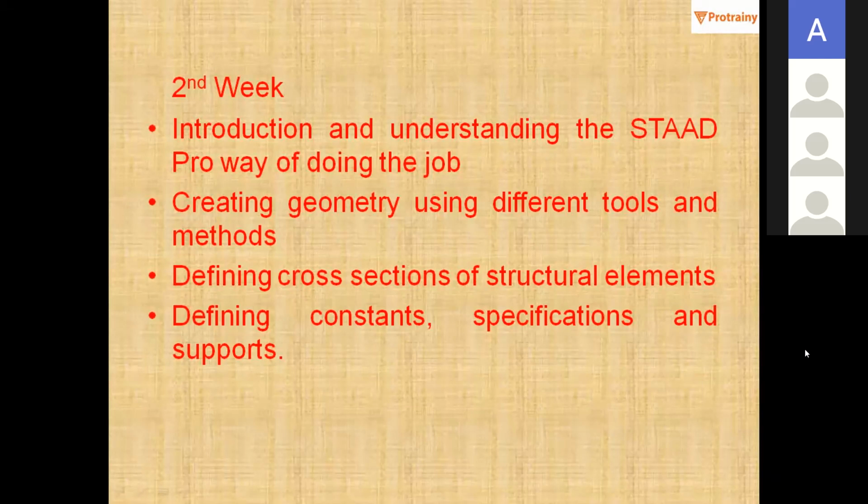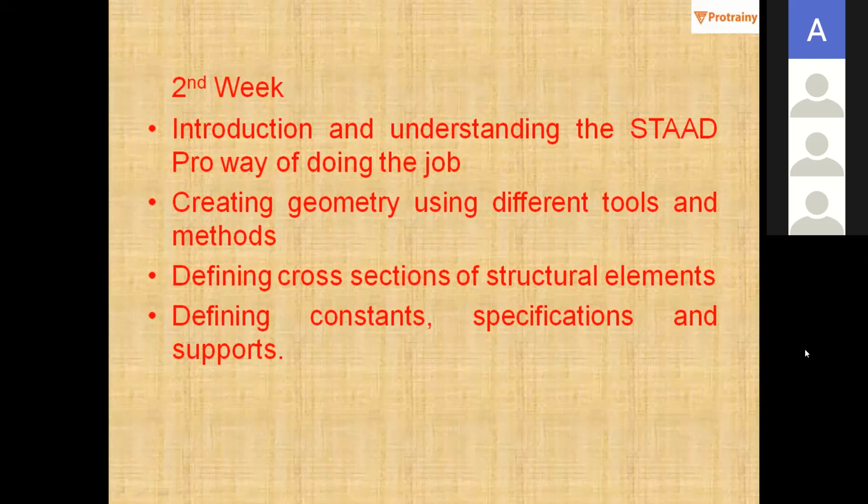We try to create the structure which is supposed to be erected on a site. We try to create this particular structure in our software. And in order to get the right answers, we need to model this structure in our software as close as possible to what the real thing is going to be.